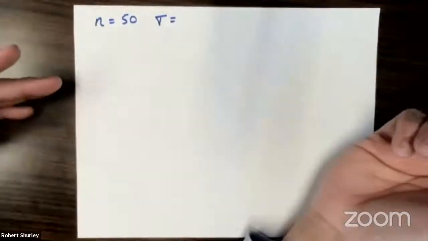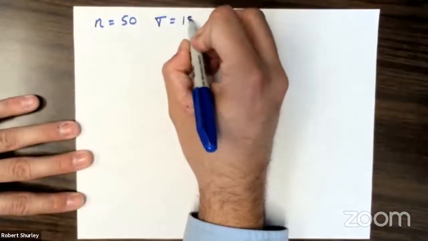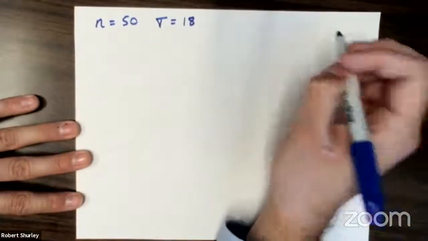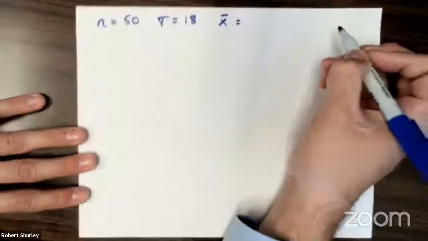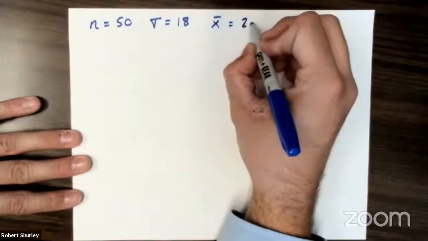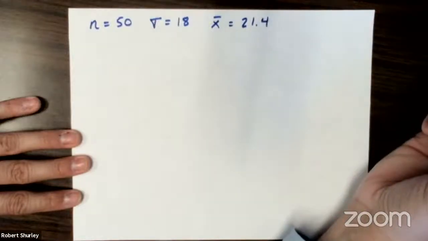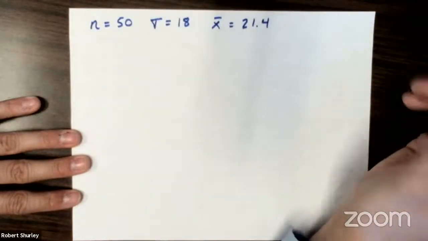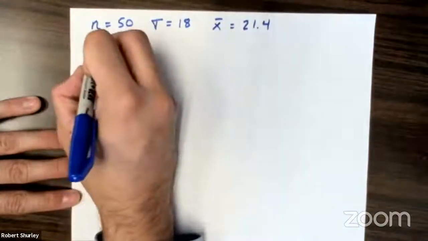It turns out the population standard deviation is like 18. And with this sample, the average we found was 21.4 years old. So I want a 95% confidence interval.